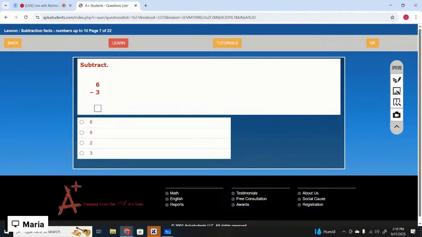6 take away 3. So which is the correct option? Six take away 3 is 3.